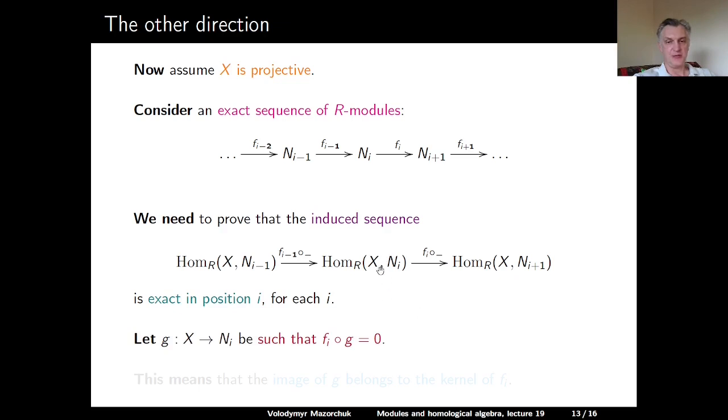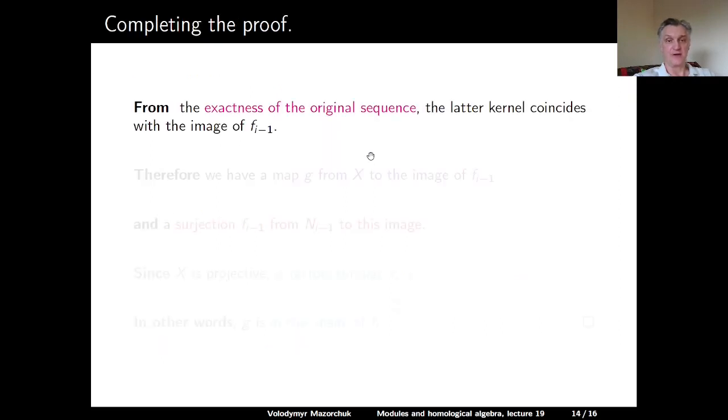Now let g be an element here, which is sent to 0 under postcomposition with f sub i. So this means that g is a morphism from X to N sub i, which gets sent to 0 when postcomposing with f sub i. But this means that the image of g belongs to the kernel of f sub i. Since the original sequence was assumed to be exact, the kernel of f sub i equals the image of f sub i-1.